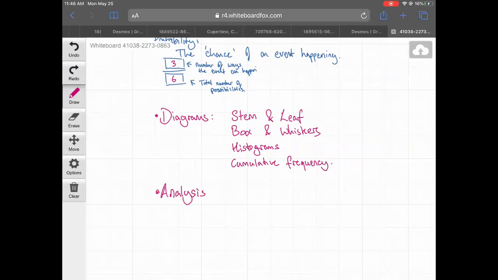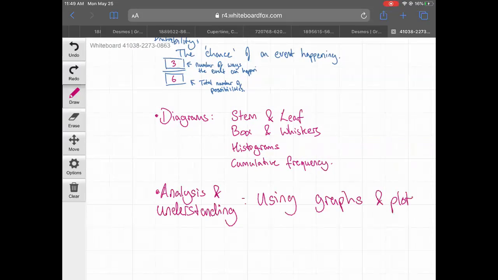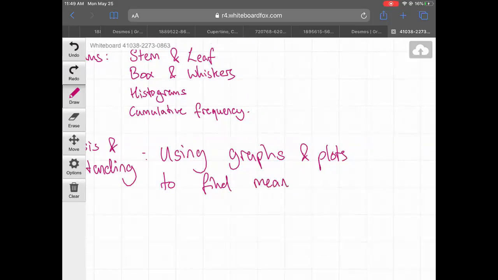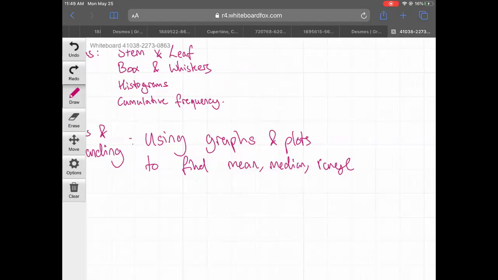Analysis. So this will be using graphs, the above diagrams and plots to find things like your mean or median or range or your interquartile range, which I'll call IQ range, or your standard deviation, things like that, right?